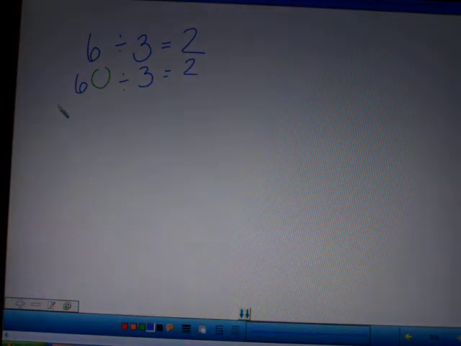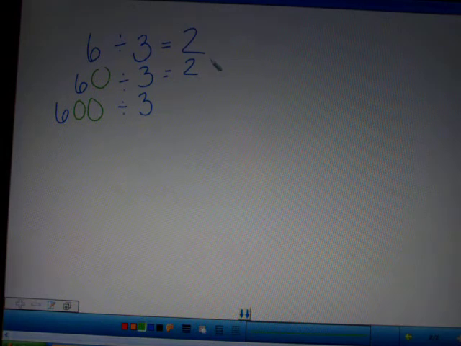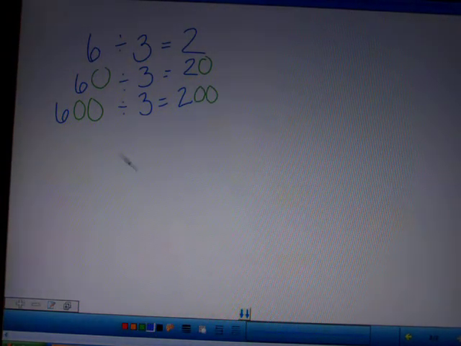Well, let's say I change it, and now I make it 600. All I'm doing is tacking on these extra zeros so you can see the pattern. 60 divided by 3 is 20. And 600 divided by 3 is going to be 200. Once you've got the pattern, you can extend the pattern out.